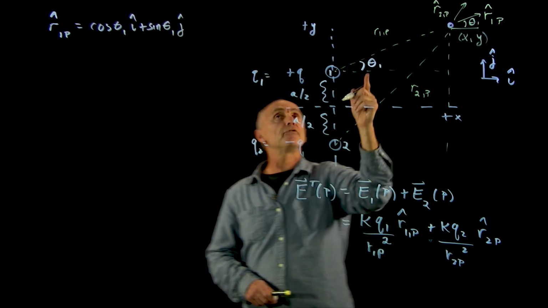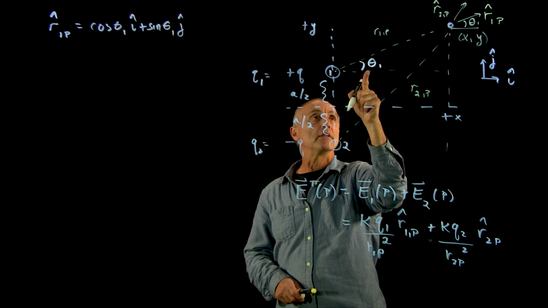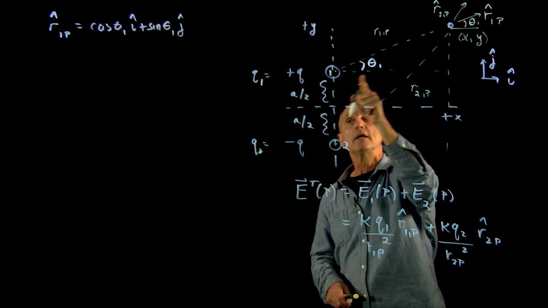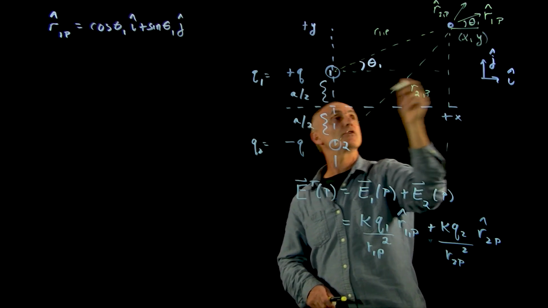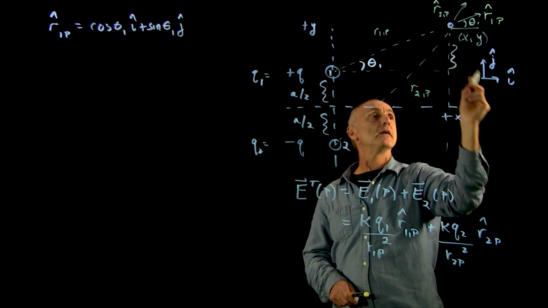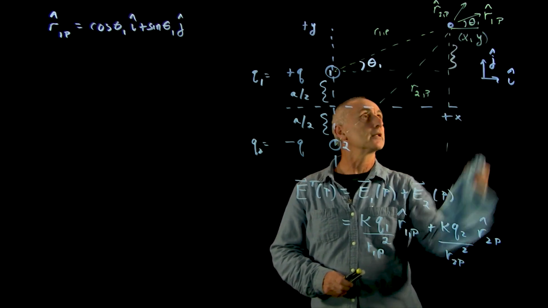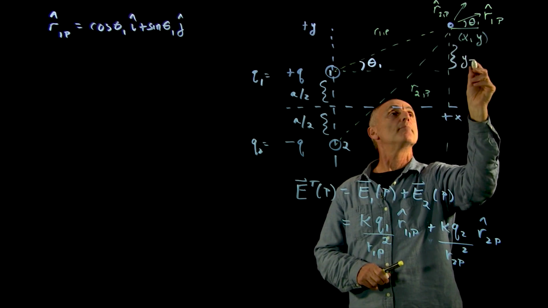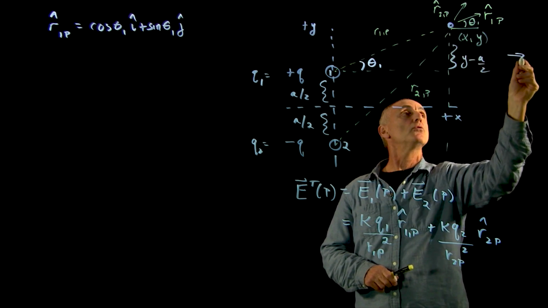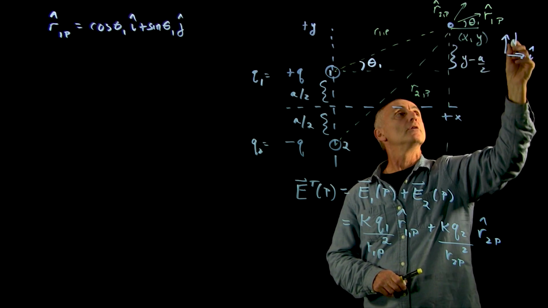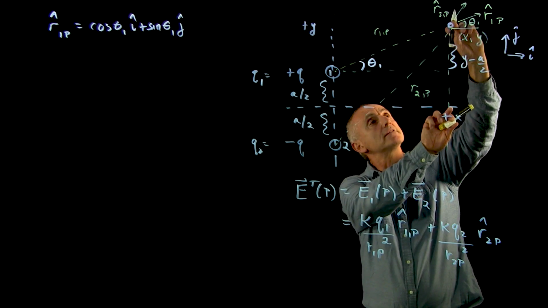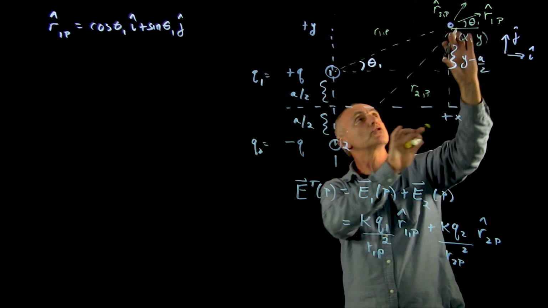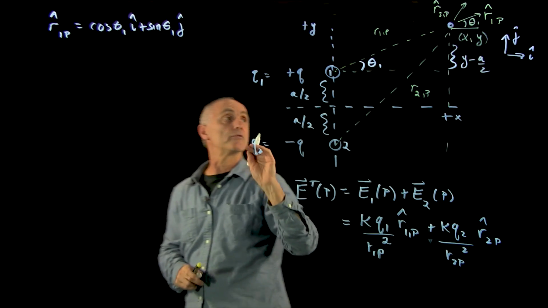And if you notice that cosine theta 1, this is where it's a little bit tricky. Because this distance is a over 2, this height here, and let's just move this over a little bit, this height is y minus a over 2. Y is that distance. This is a over 2, so that's y minus a over 2.